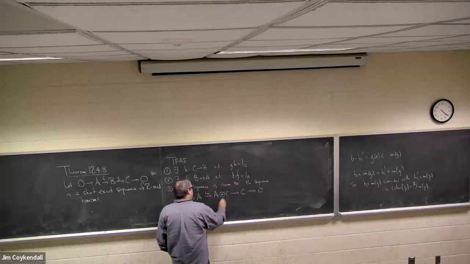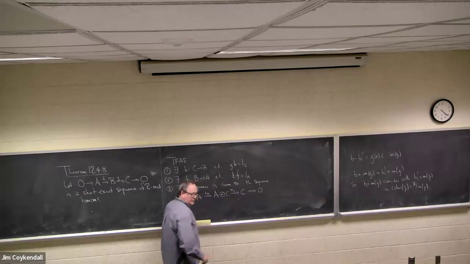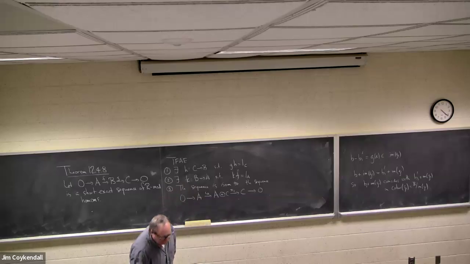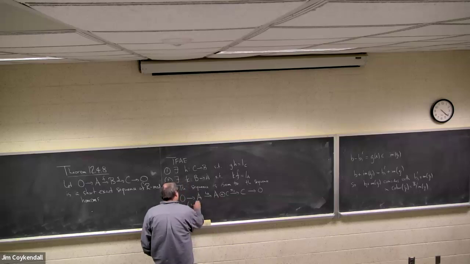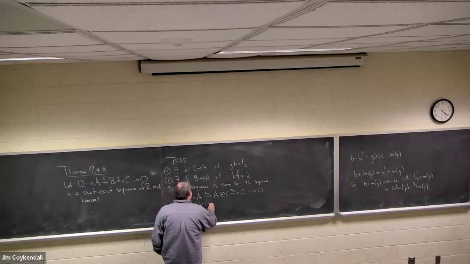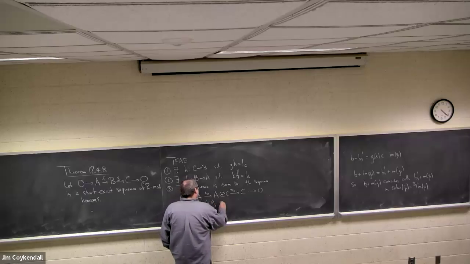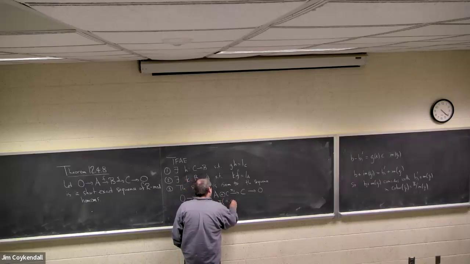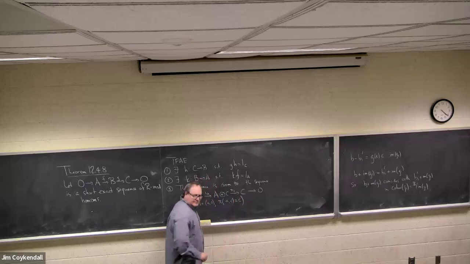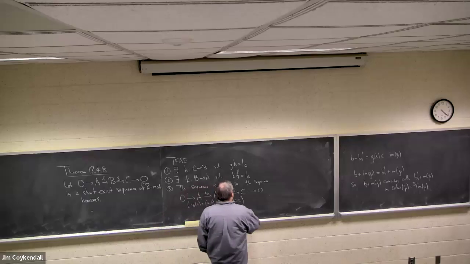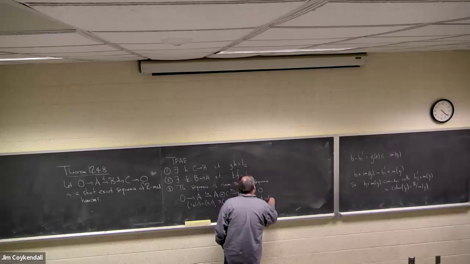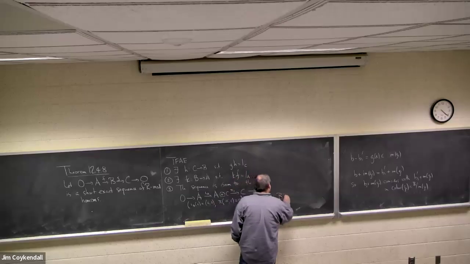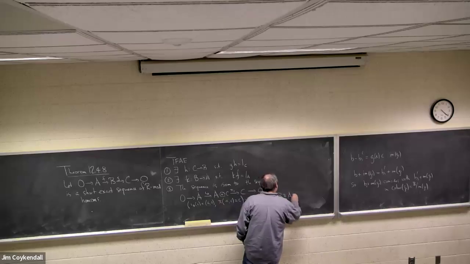This is inclusion in A, and this is projection on C. Where I'll make this clear, inclusion of A equals (A, 0), and pi of (A, C) equals C. In particular, B is isomorphic to the direct sum of A and C.